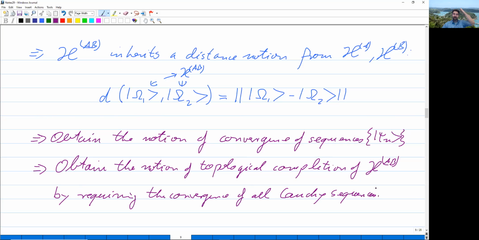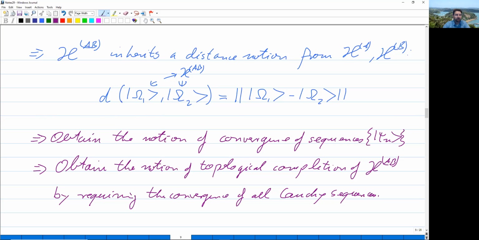Remember, Cauchy sequences are sequences that want to converge because the distance between subsequent elements in the sequence goes to zero. That's a Cauchy sequence. And a space is complete if, for all Cauchy sequences, there is a vector in our set towards which the Cauchy sequence is converging.